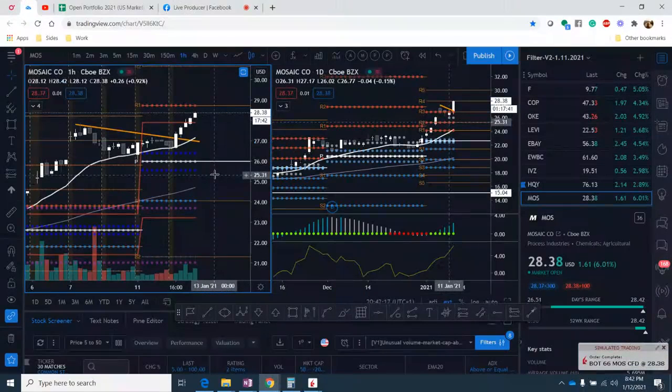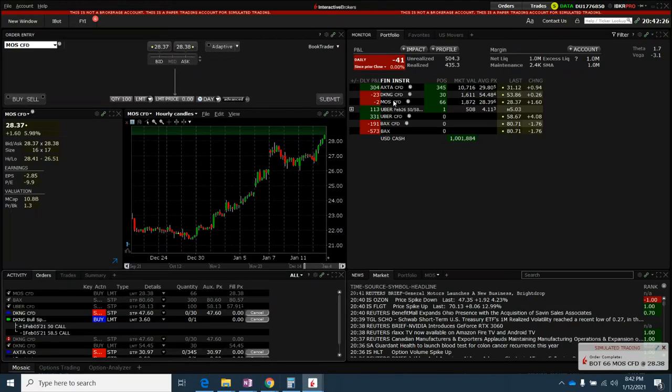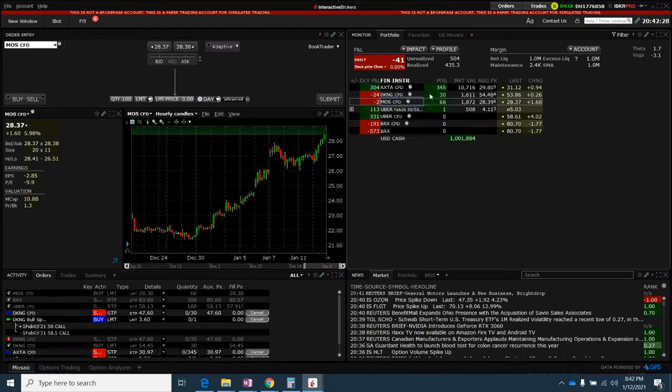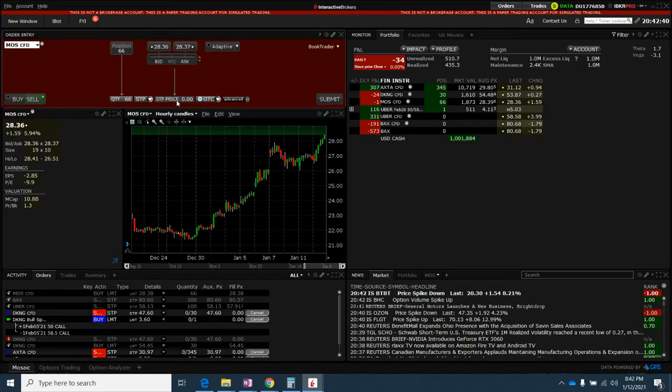And I will not forget to set my stop loss at 25.3. So right click, close, sell, and set it to stop and put it to GTC. GTC means the stop loss order is good till cancel, so it won't expire today.